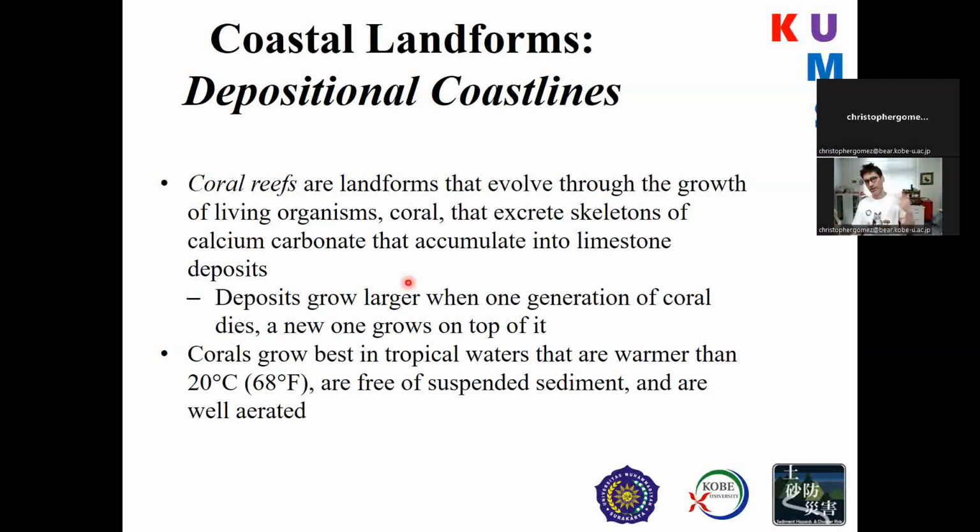So you need a lot of oxygen in the water. But when you change the chemistry of the water, when you change the temperature, they are quite sensitive to temperature change, and you can have coral bleaching and the death of coral. So the whole coral growth just stops and the coral dies.